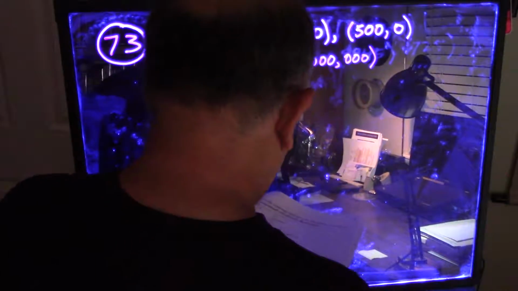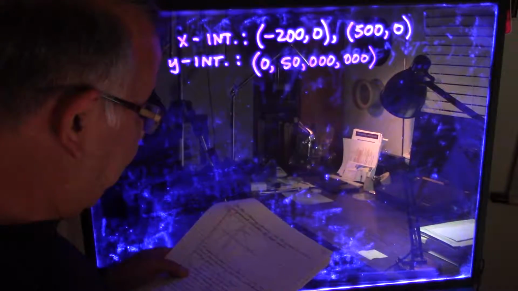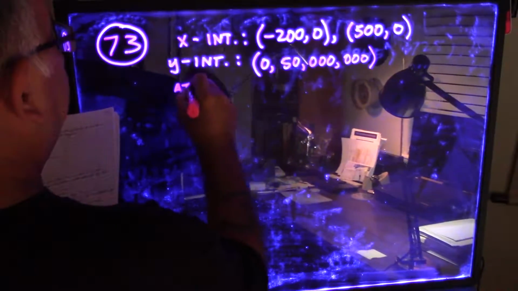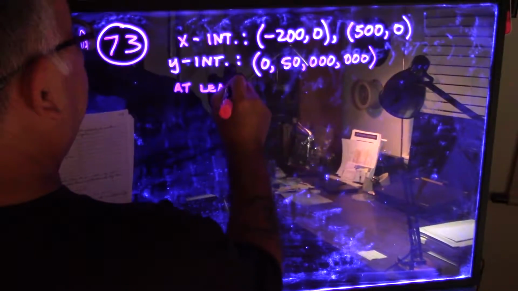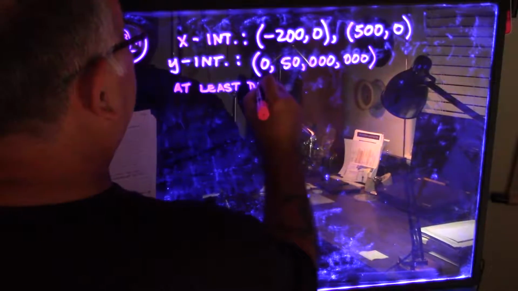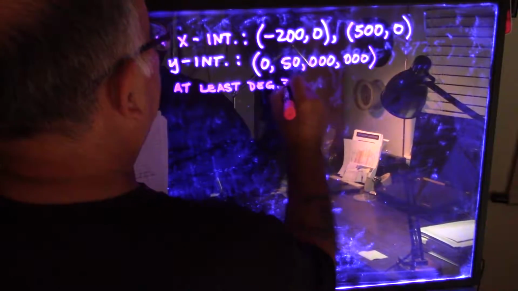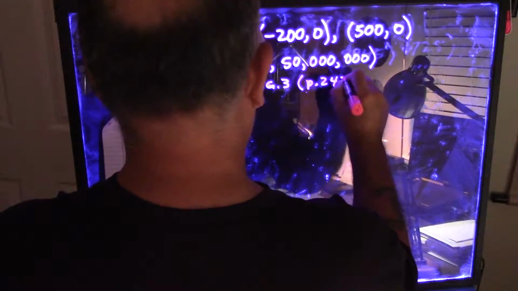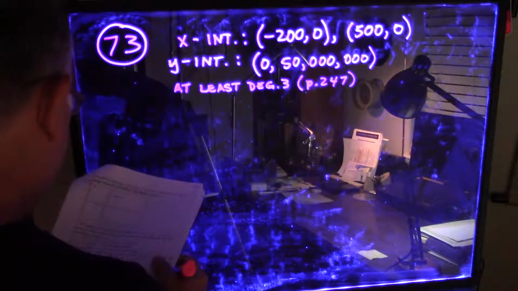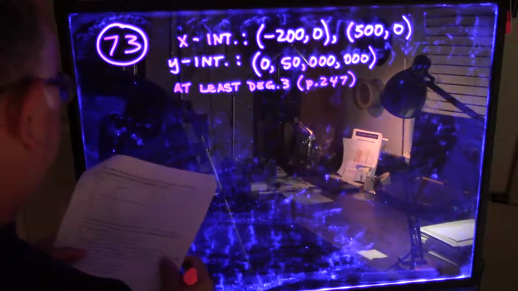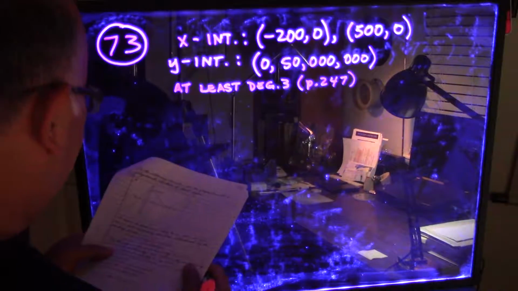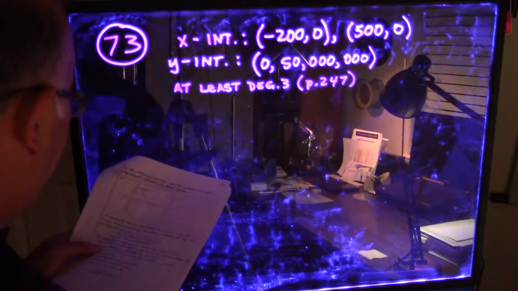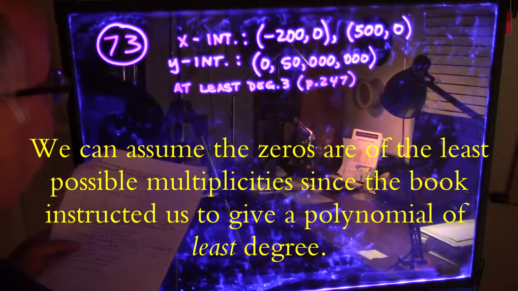Okay. Now there are two turning points on this graph, so it's at least degree 3. And that's from information on page 247. All right. Now the intercept at negative 200, 0, that crosses the x-axis at that point, so that must be of multiplicity 1.